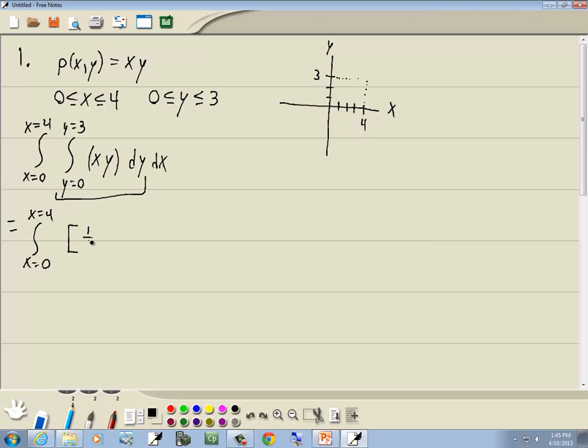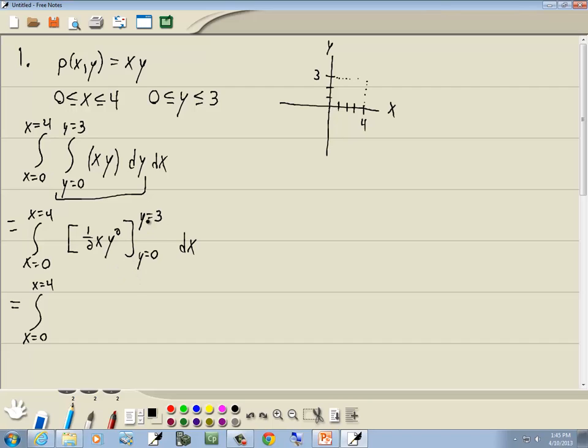So we're going to have 1/2 x y squared from y equals 0 to y equals 3 dx, and we'll have x equals 0 to x equals 4. I typically put these variables here because it really does help you keep track of things, so you know exactly what you're plugging in. There are no mistakes in that form. You'll never see that in the book. They'll just have the numbers.